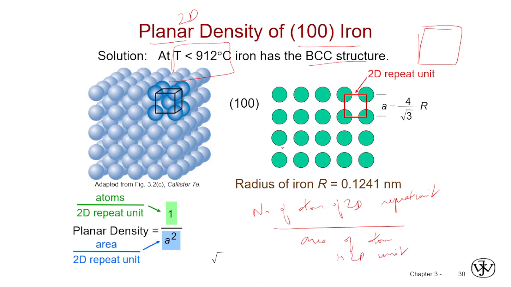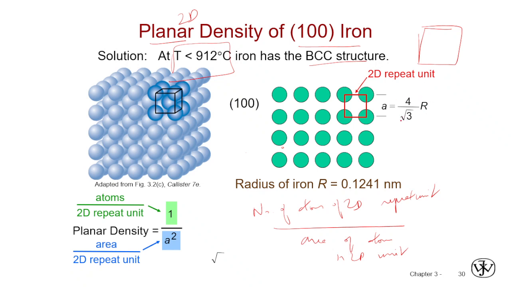So in our case we have the BCC. In BCC structure, if we look at it from the side, it will be arranged in a simple cube sort of format.